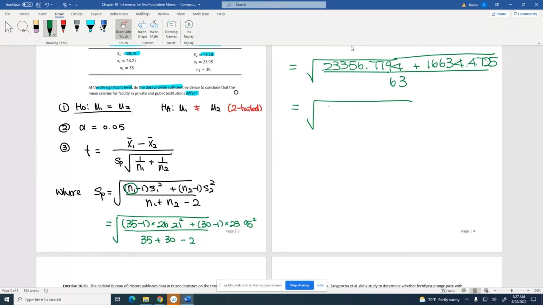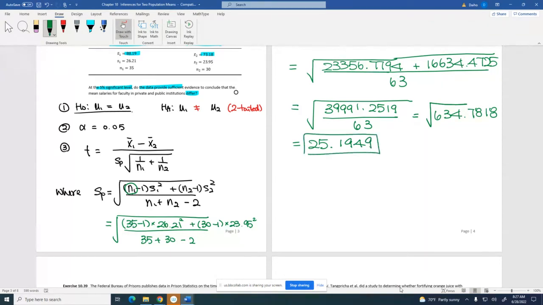I have a numerator of 39991.25 over 63. Then inside the square root, it must be 634.7818. Finally, the square root of 634.7818 will be 25.1949. Did you get 25?